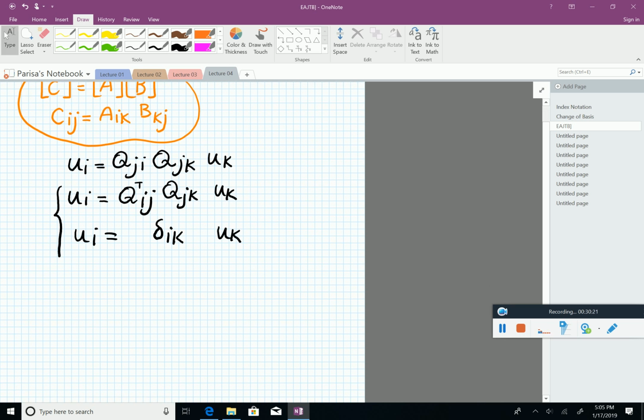Okay, I'm almost there. So what we see up there is as if I'm multiplying the transpose of Q with itself, and I'm looking at which component, IK.